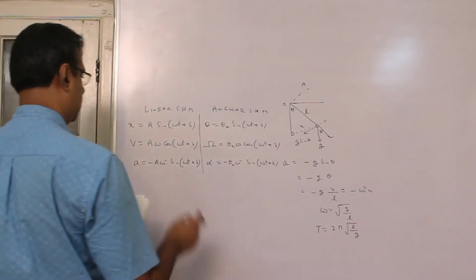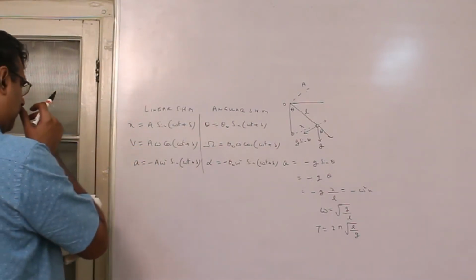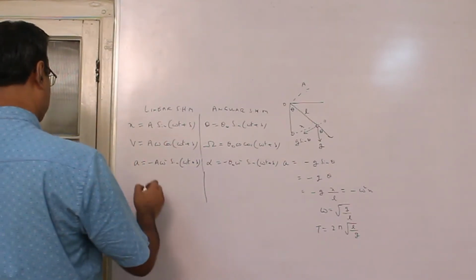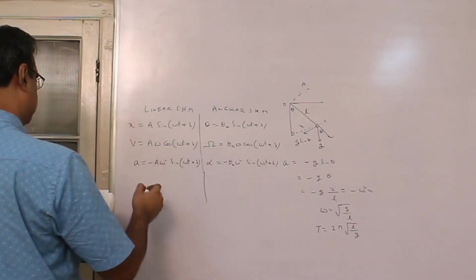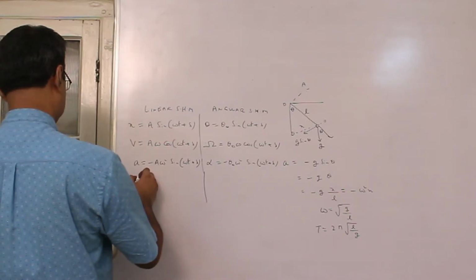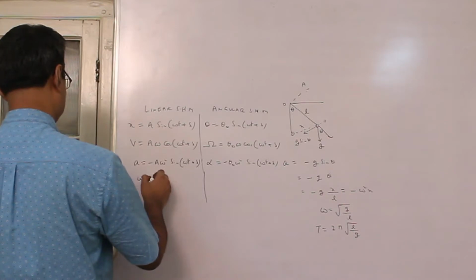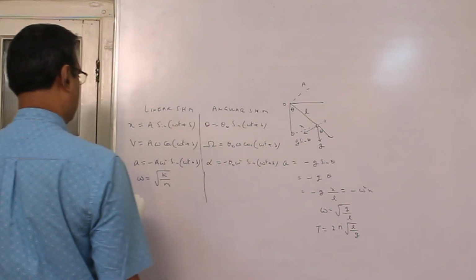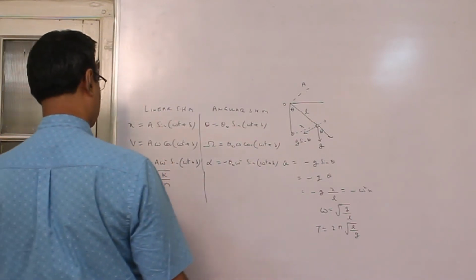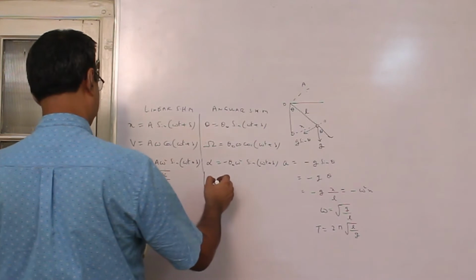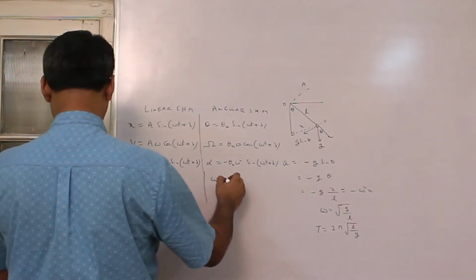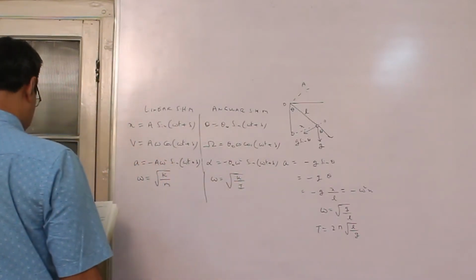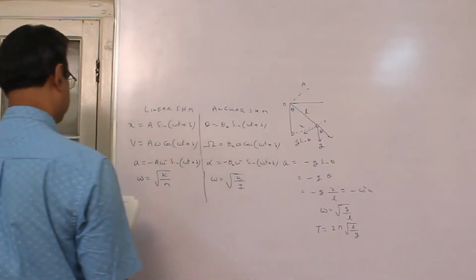Alpha is minus theta 0 omega square sine omega t plus delta. Omega is equal to root over k by m. Here omega is equal to root over k by I.